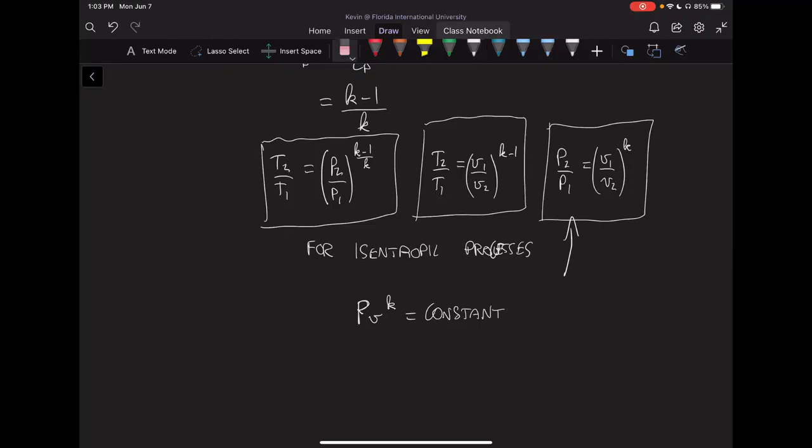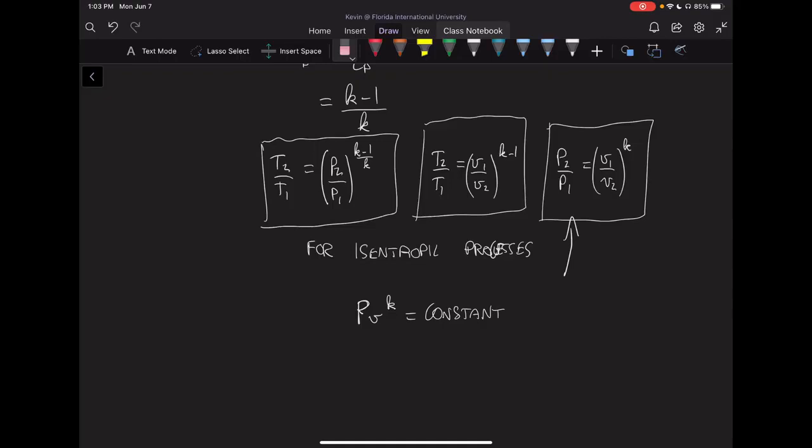So if you remember, this is essentially a special case of the polytropic process where the exponent n is actually equal to K, which is Cp over Cv.